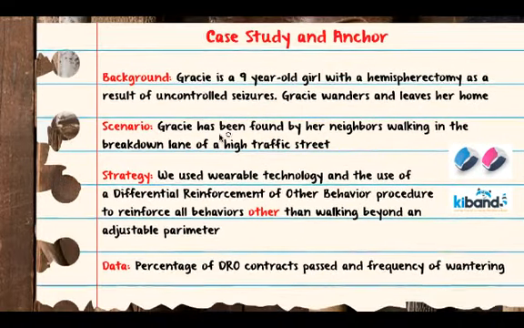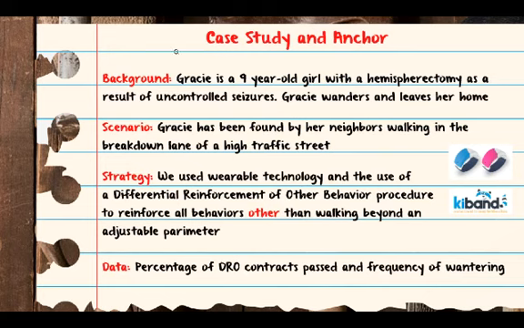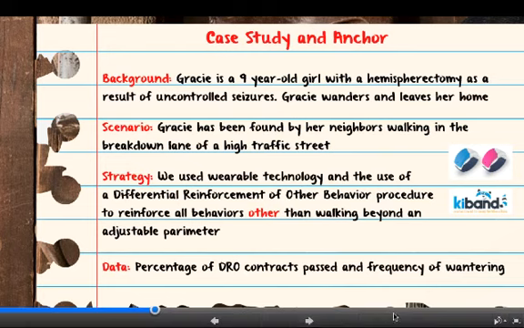Fictitious name, as I always do. I'm just going to call the girl Gracie. A 9-year-old girl with a hemispherectomy. A hemispherectomy is a surgical procedure that's done for individuals that have uncontrolled seizures. So essentially, one of the hemispheres of their brain is either partially removed or completely removed.